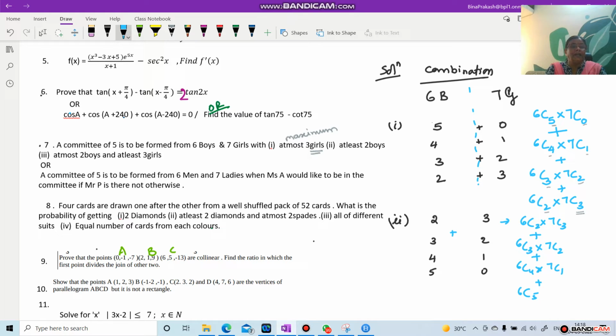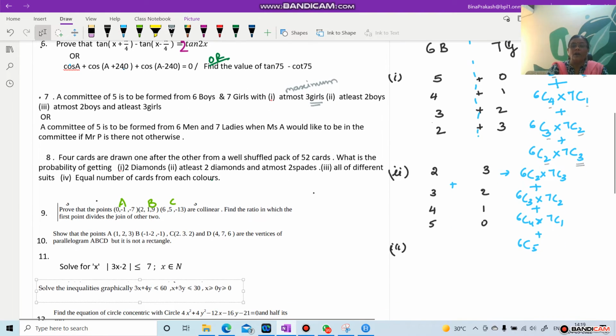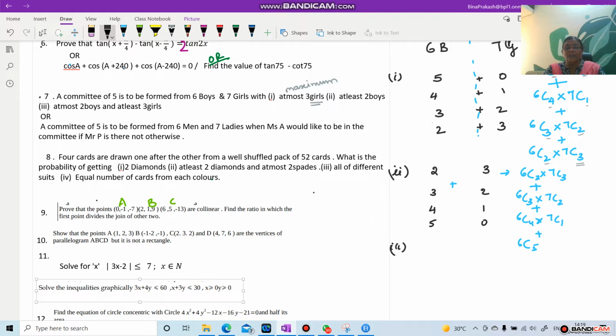Then the last one is at most 2 boys and 3 girls. Now what does it say? It can have at most 2 boys, which means it cannot have more than 2 boys. So let's start with 0 boys. If you have 0 boys, we'll have to have 5 girls.